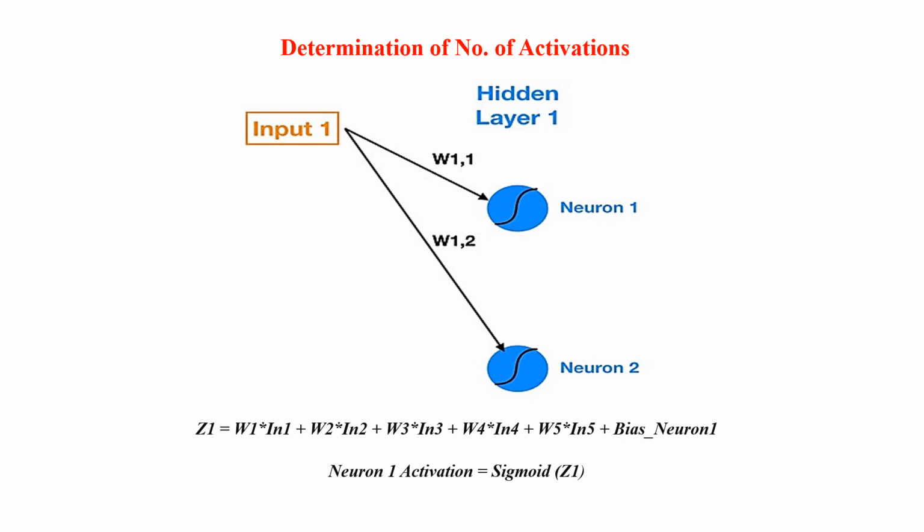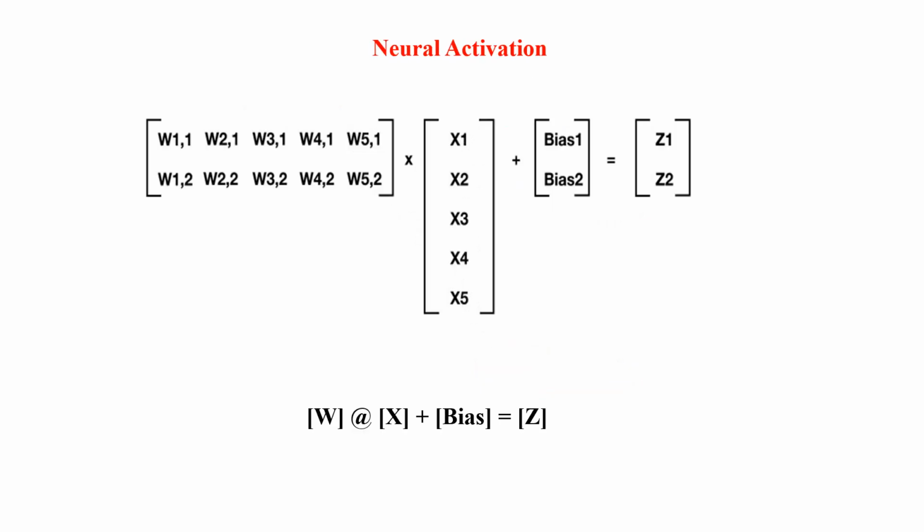This gives the value z1, and this z1 will be used to calculate the activation. That is, neuron 1 activation is equal to sigmoid of z1. We can use matrix math to summarize this calculation.